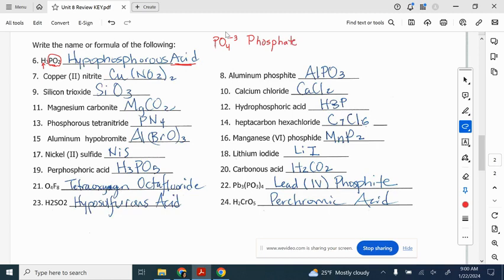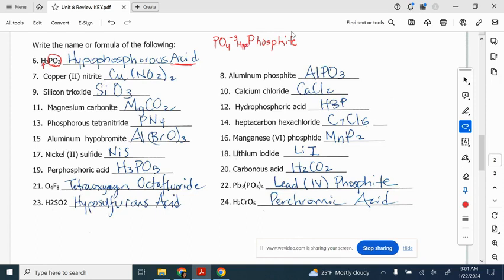So if this is PO2, we have to change a couple things. We have to change the ate to an ite. So we're going to get our polyatomic established first. Okay. So this is going to be ite, and it's going to start with hypo: hypophosphite.